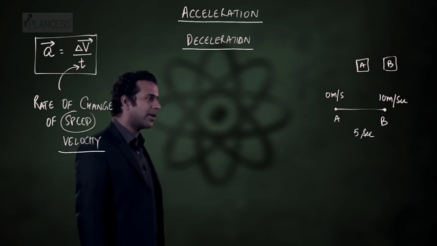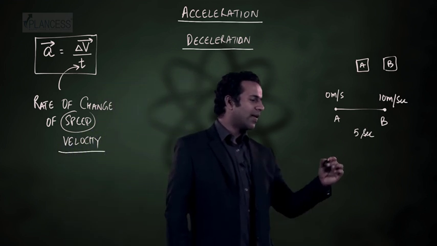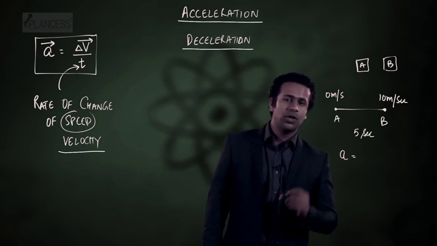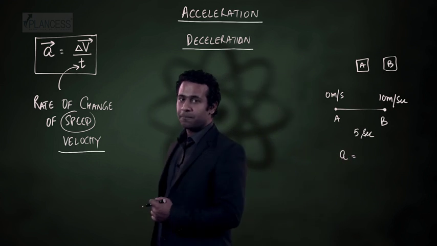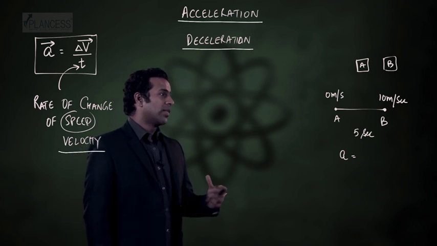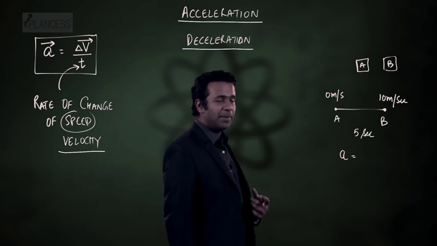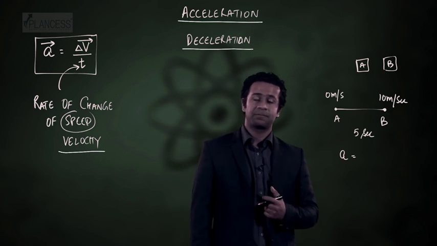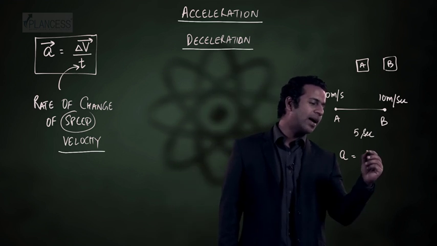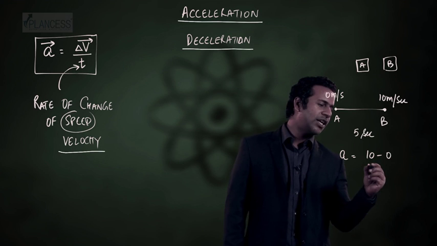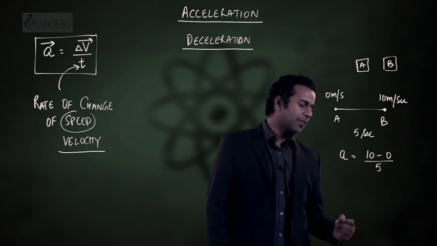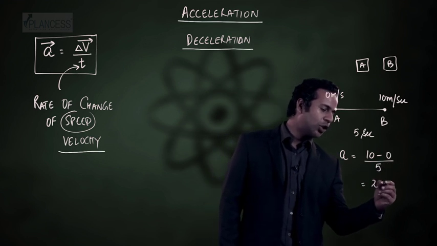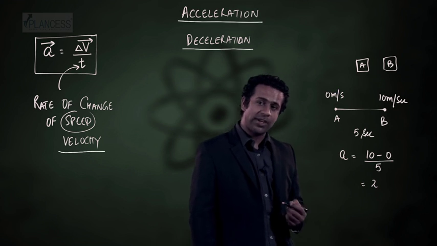It's fairly simple, right? We know the formula that acceleration is equal to the change in velocity by time. Now, the final velocity is 10 meter per second and the initial velocity is 0 meter per second. And hence, this value becomes 10 minus 0 divided by 5. So this becomes 2. Now let's think about the units here.